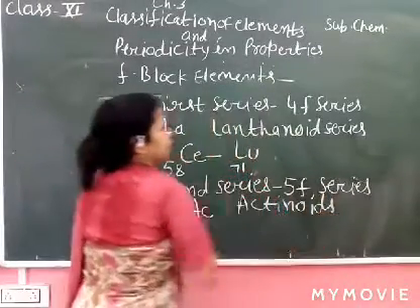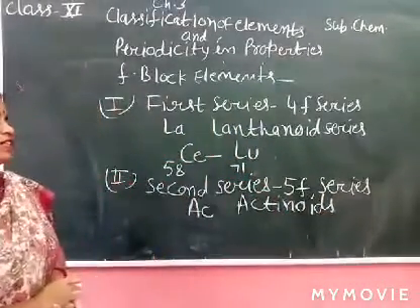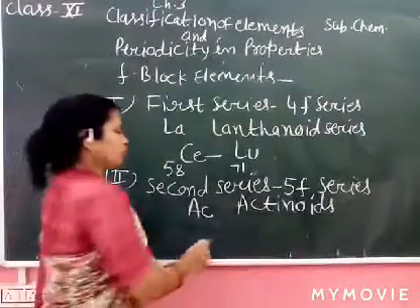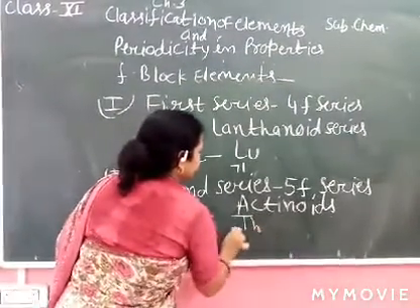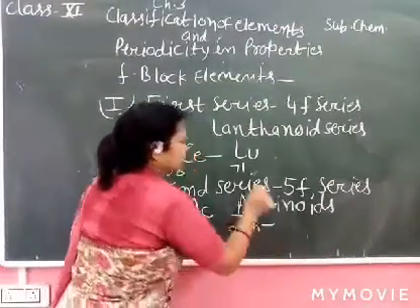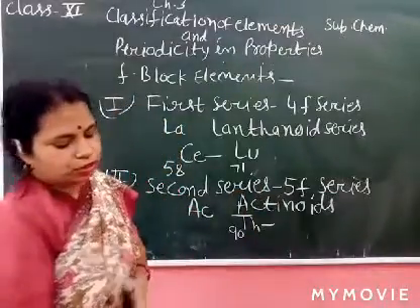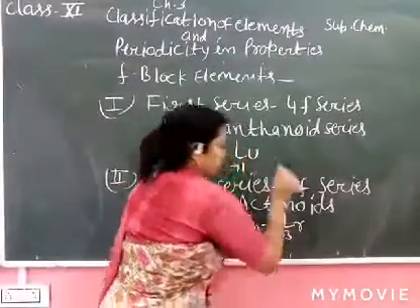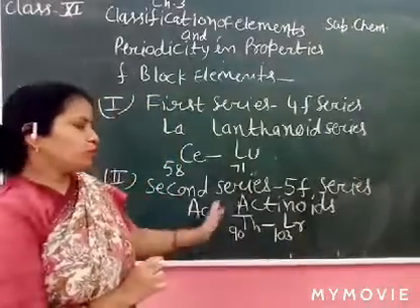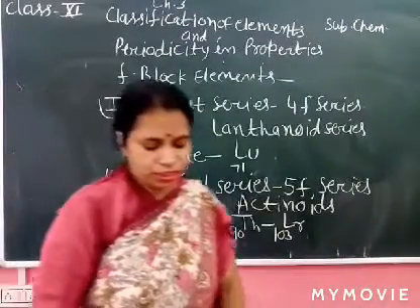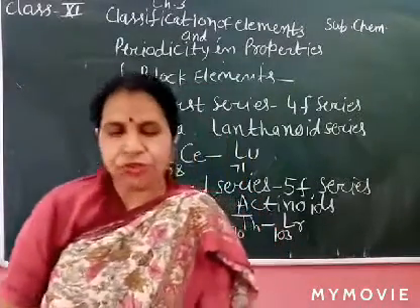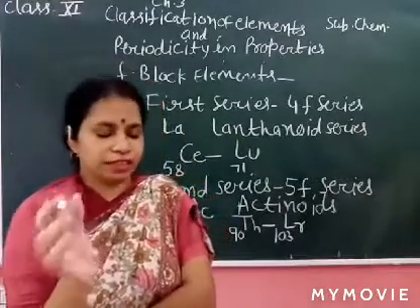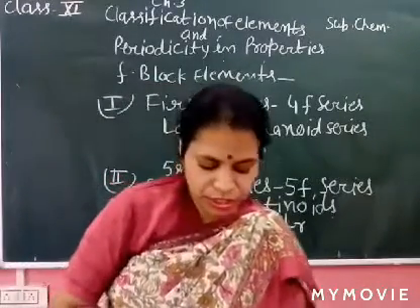These are called actinoids and those are called lanthanoids. It starts from thorium, atomic number 90, to lawrencium, 103. Generally these elements are radioactive in nature.